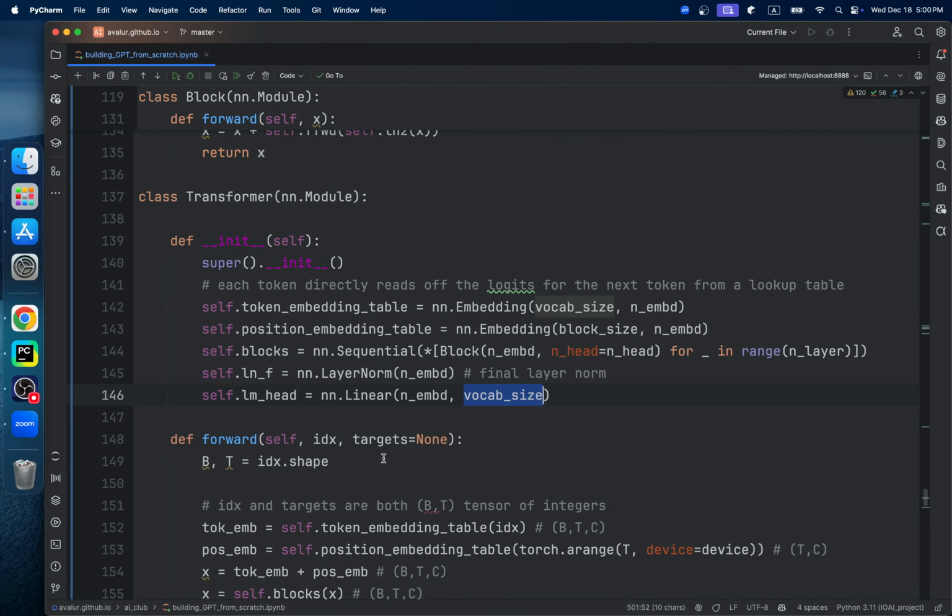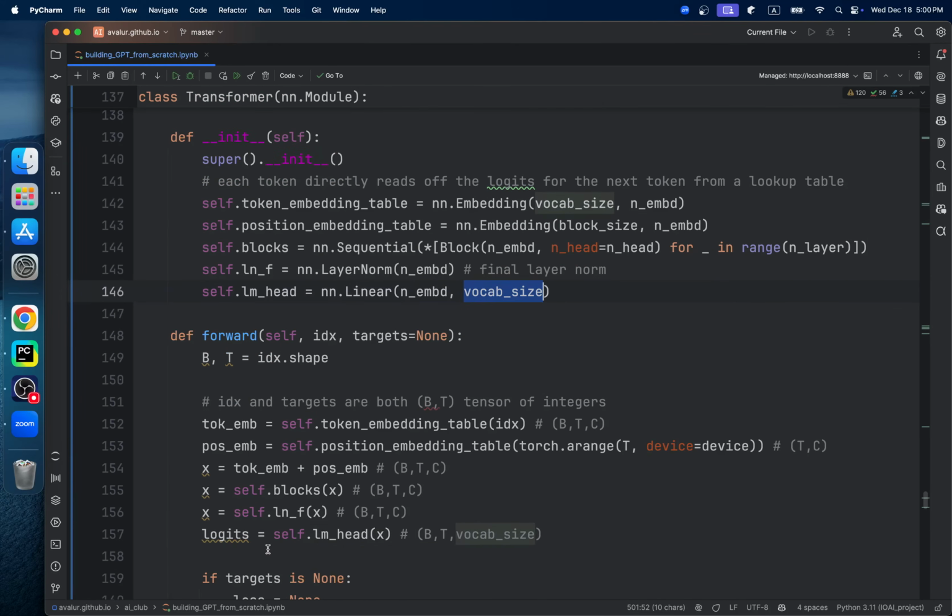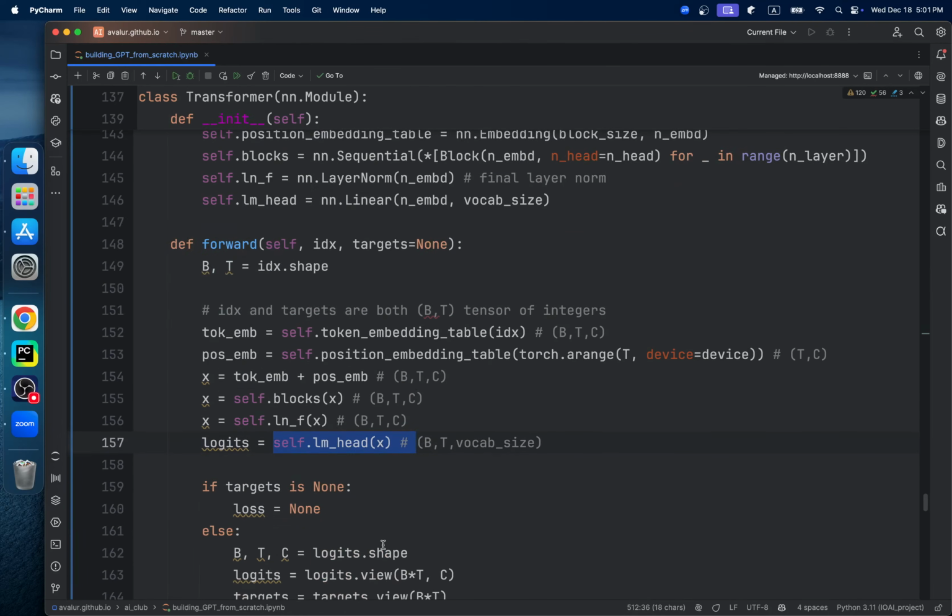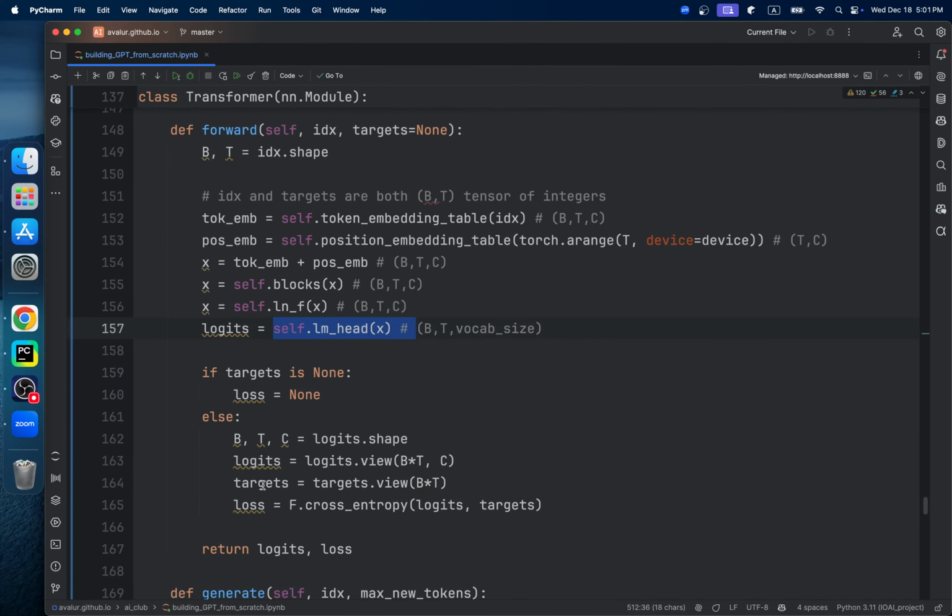You see here in the forward pass, the logits is the last step in the transformer model, and based on the logits we can calculate loss with the cross entropy function, as usual in a classification task.